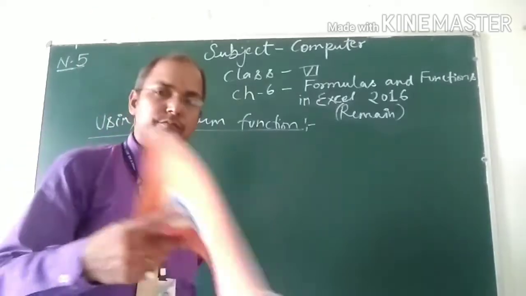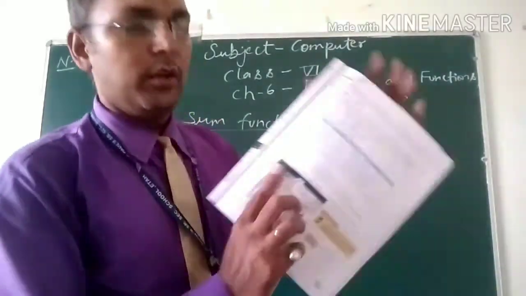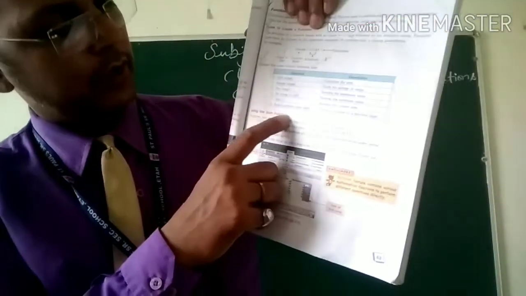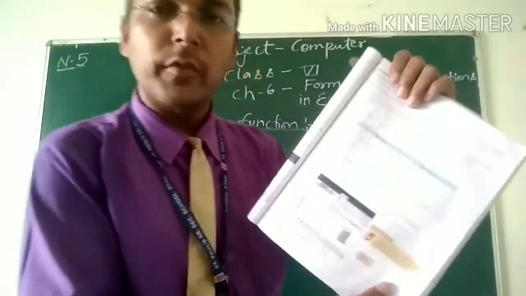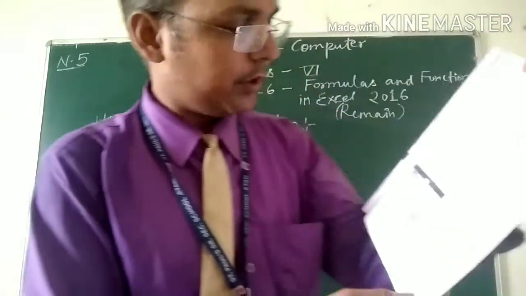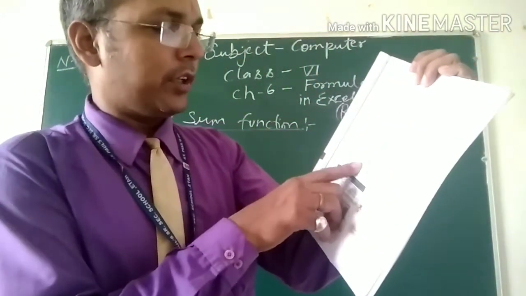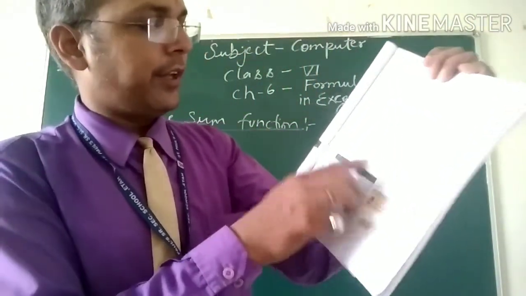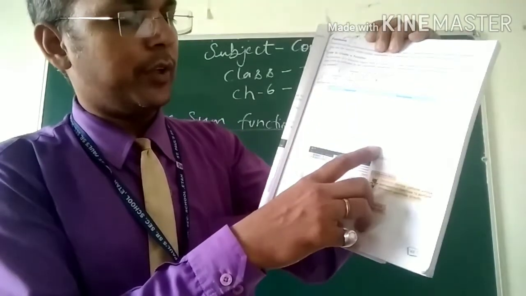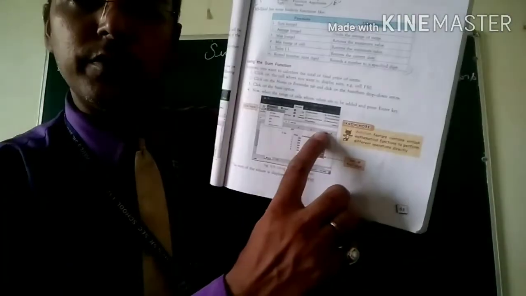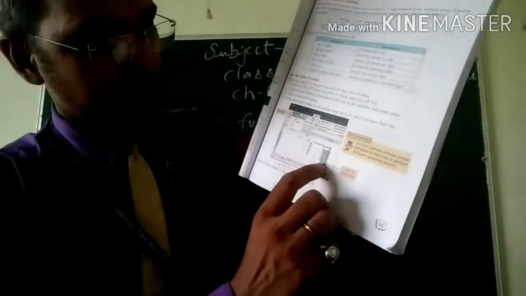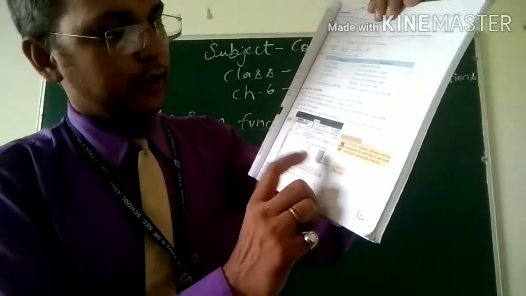Okay, you can see using the sum function on page number 63. Suppose you want to calculate the total final price of items. Click on the cell where you want to display the sum, for example F10. In this figure, F10, 10 is this row.